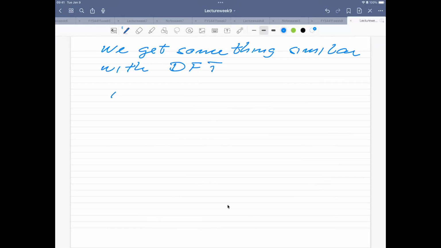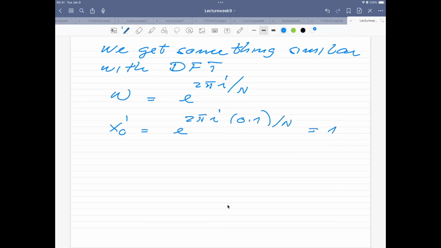So if I define this coefficient omega as e to the 2 pi i divided by n, this is just a common factor in the Fourier expansions. What I will find then is that x_{01}, is equal to e to the 2 pi i times 0 times 1 divided by n, and this is equal to 1.